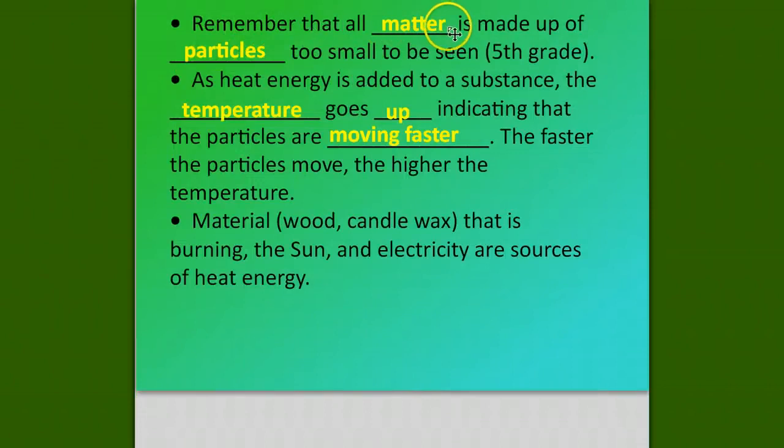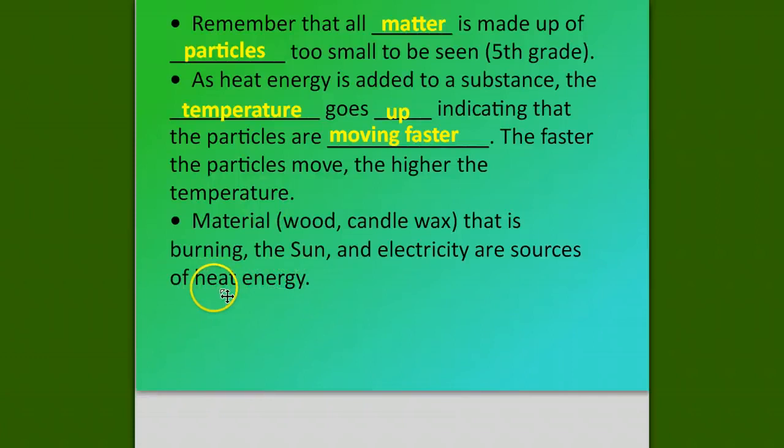Remember that all matter is made up of particles that are too small to be seen. That was something that you were taught in the 5th grade. As heat energy is added to a substance, the temperature goes up, indicating that the particles are moving faster. The faster the particles move, the higher the temperature gets. Now, examples of heat energy.